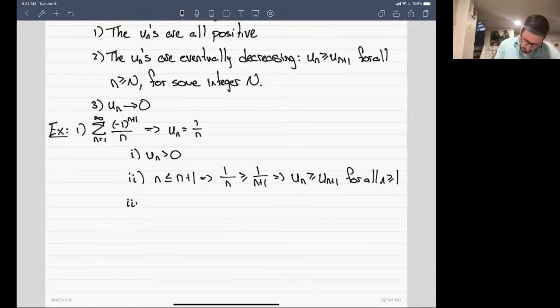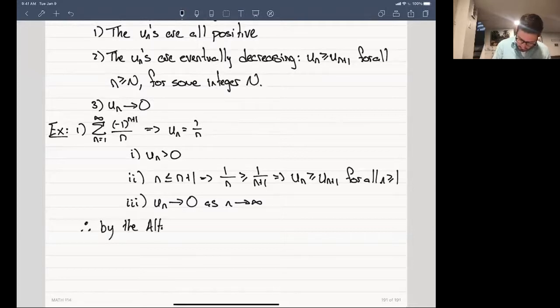And clearly, you can see that u_n is going to 0 as n goes to infinity. So therefore, by the alternating series test, the alternating harmonic series converges.